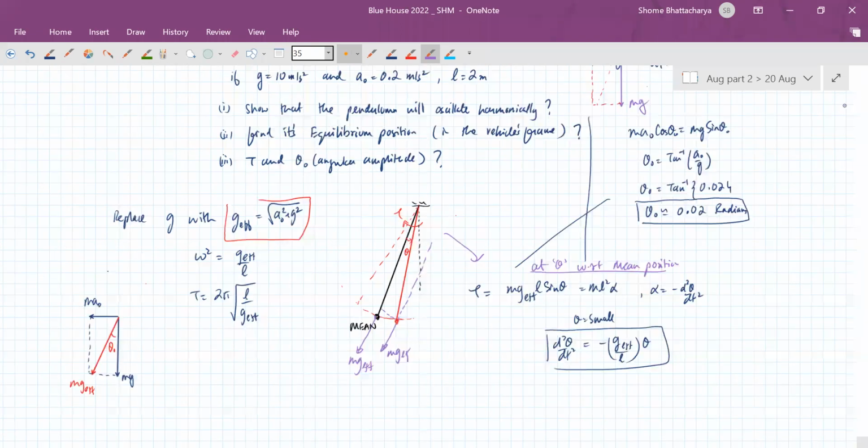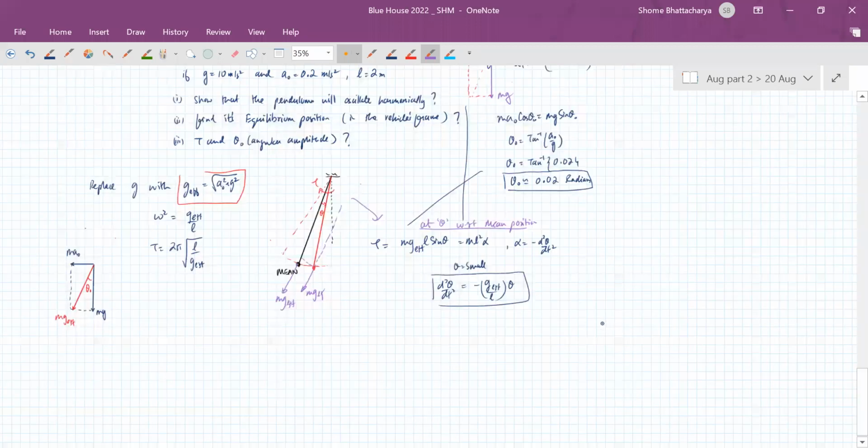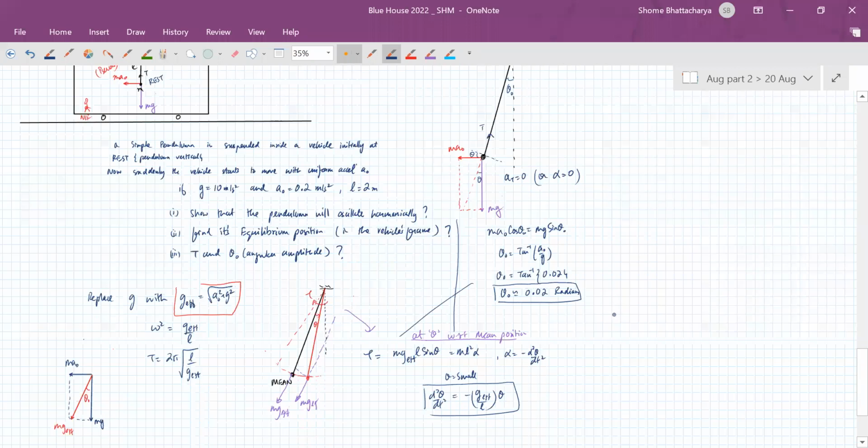The time period or omega, both you get from square root of g effective by L, where g effective is the square root of g square plus a naught square.